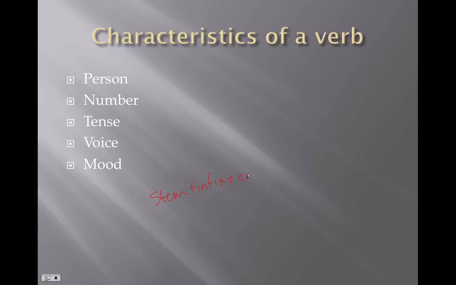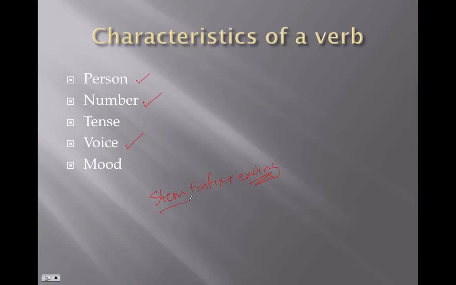And then they're going to have an ending. Now this ending is very, very important. The ending of every verb is going to tell you the person, the number, and the voice, for the most part. Right? So it's going to tell you who's doing it and whether they're doing the action or whether the action is being done to them. So every verb is going to have one of these endings. That's particular indicative verbs are going to have this ending, and it's going to tell you who's doing the action and whether the actions they're doing it or is being done to them.